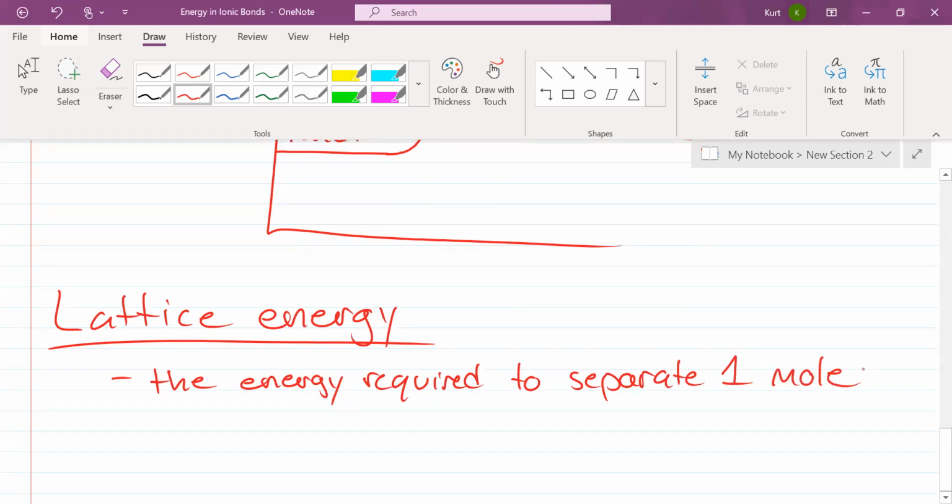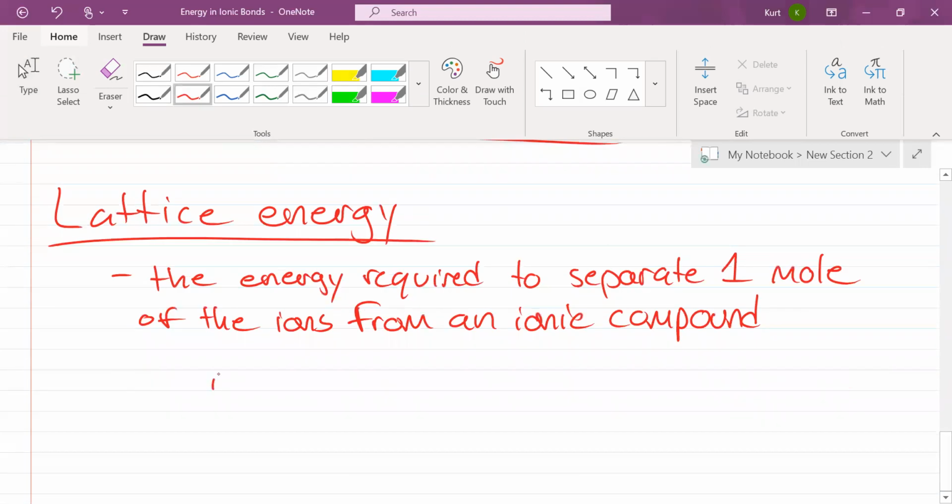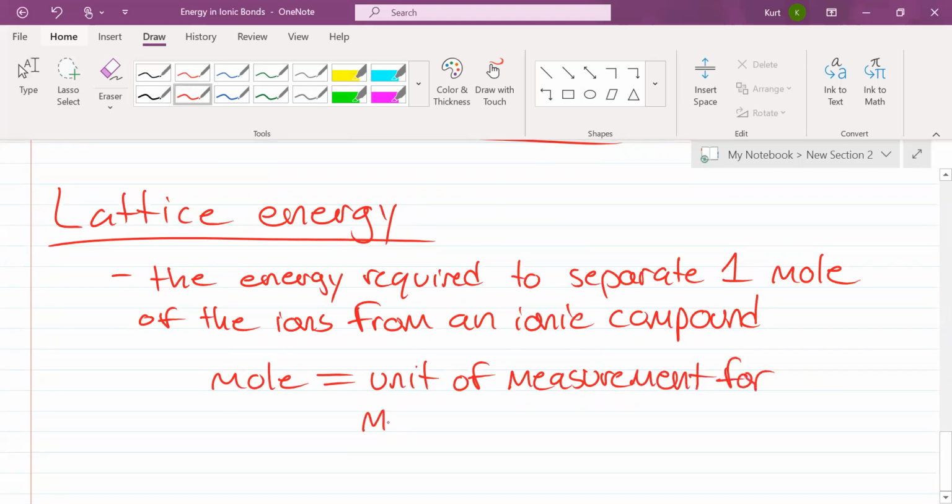You guys don't know what it is yet. A mole is a unit of measurement for measuring the amount of a substance.